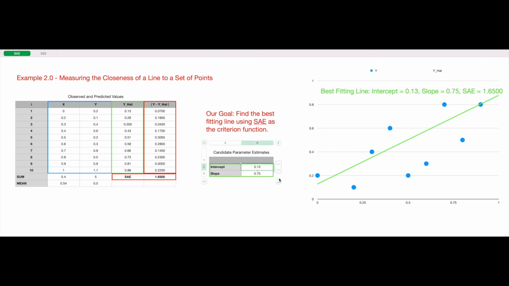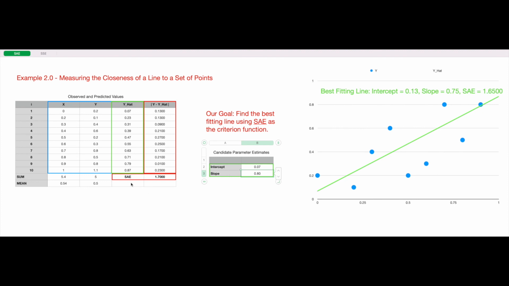Okay, so the intercept of the least squares line was 0.07, and the slope was 0.8. So let's put that in. And if I toggle back and forth between the two graphs here, we see that those lines are the same now.